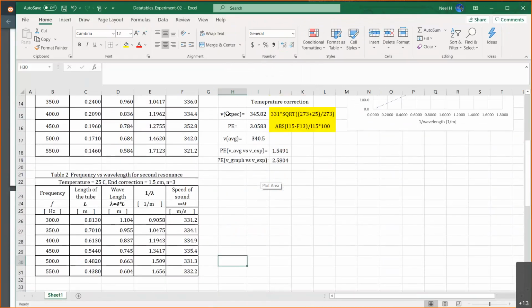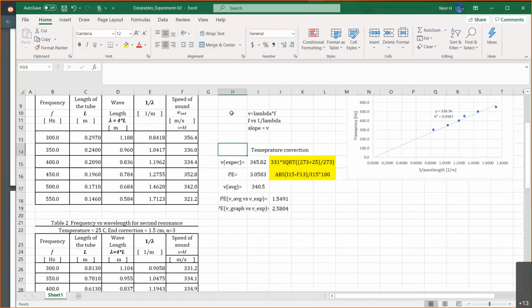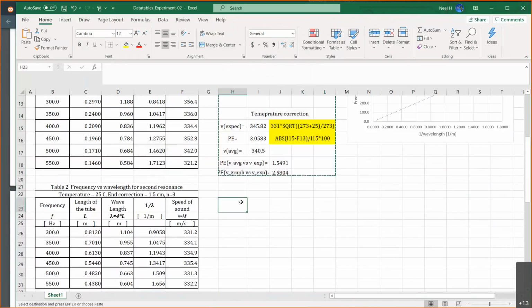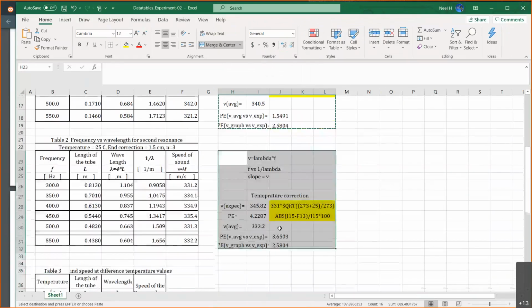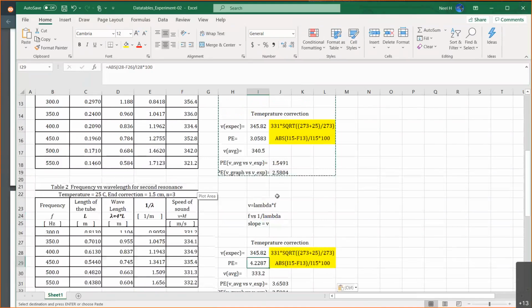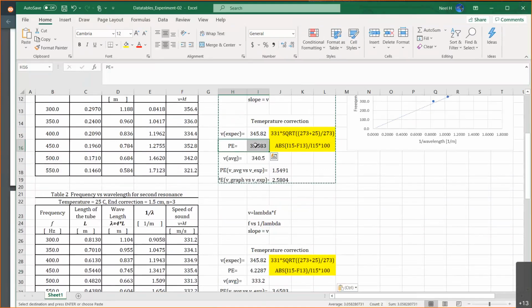You can use these numbers as they are. I'm going to copy all of these into here, then I can use exactly the same thing again. Expected value remains the same. When I do PE, we actually don't need that number.